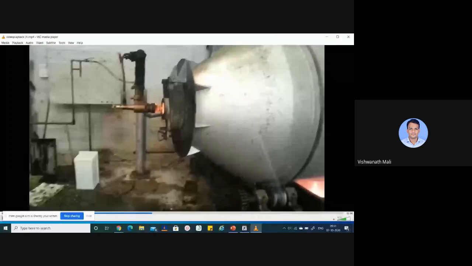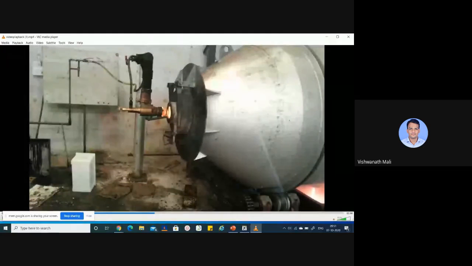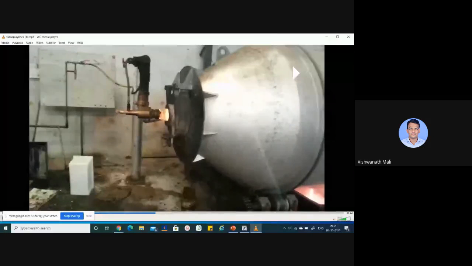Now here you can see the blower. By opening or closing this knob, you can control the temperature. Here you can see the knob. With the help of this knob, we can control the speed of air passing through, and by this speed of air, we can control the temperature.